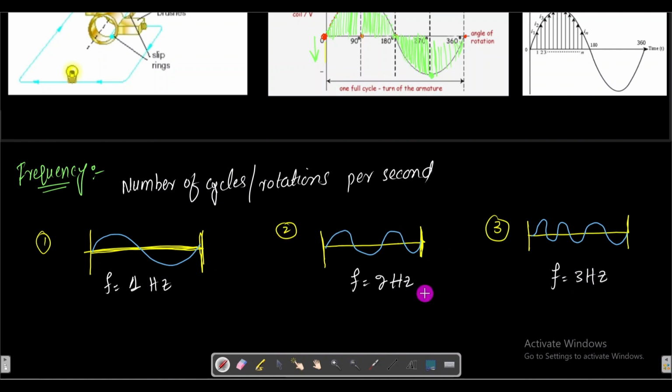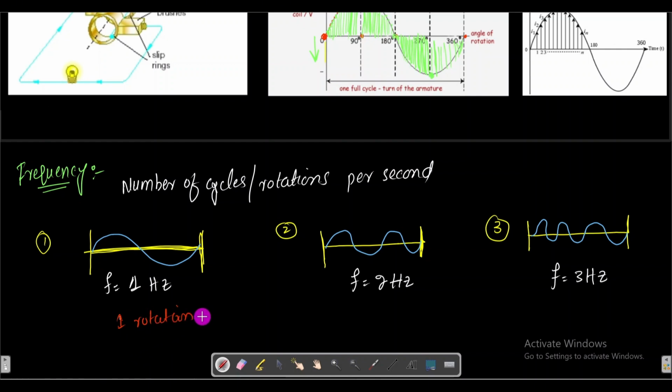Now the time is the same. For the first case, one rotation requires 1 second.